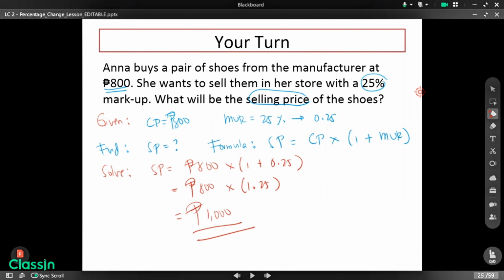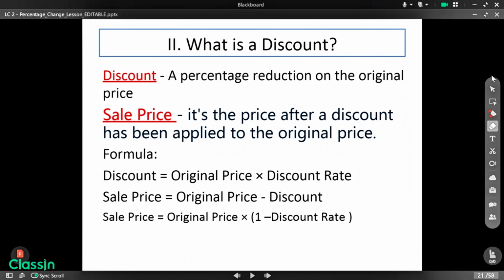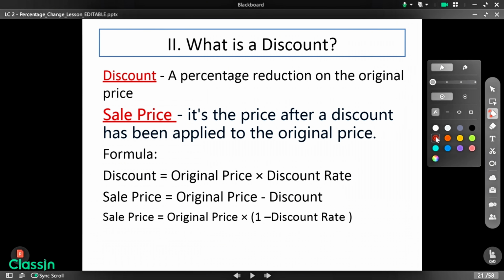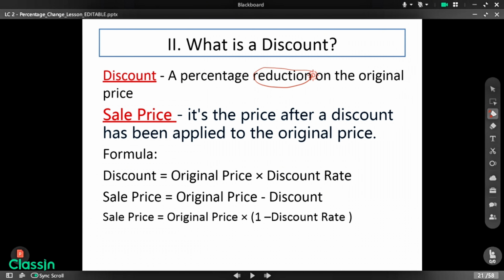Now, let's have the discount. So what is a discount? Discount is a percentage reduction on the original price. From the word itself, reduction, meaning we need to reduce it from the original price.